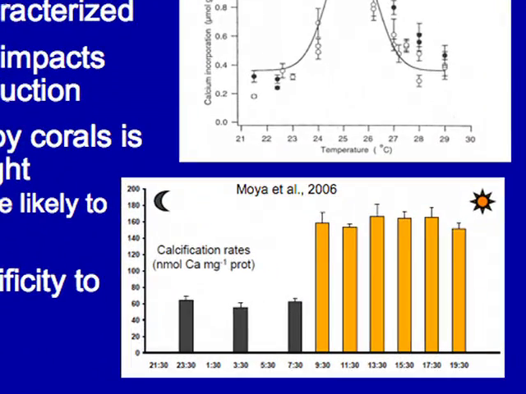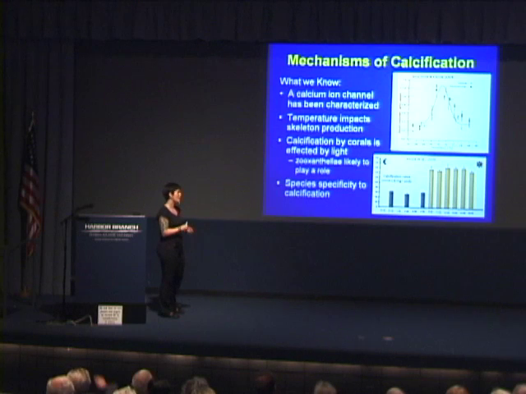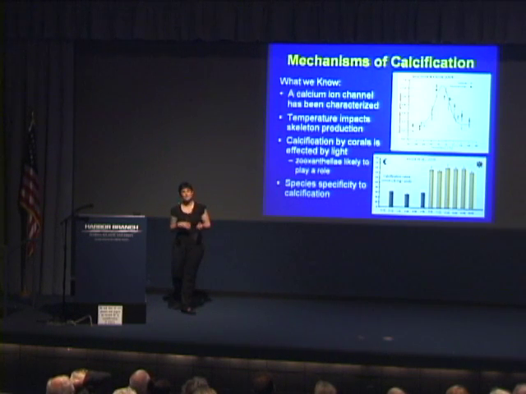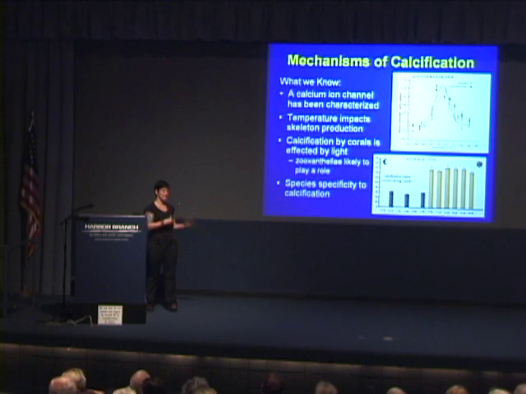At nighttime, coral calcification decreases significantly, but it comes back on at the day, and that's an active time of calcification for the coral. So somehow the zooxanthellae are involved, and this is also important because if temperature is important and we see coral bleaching, then we'll see less calcium or less skeleton being able to be produced as well.